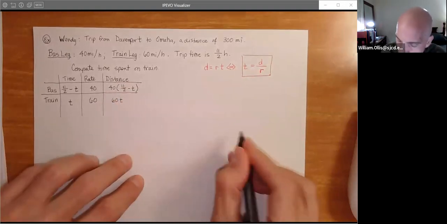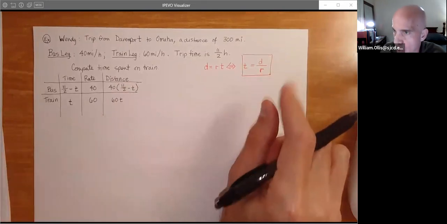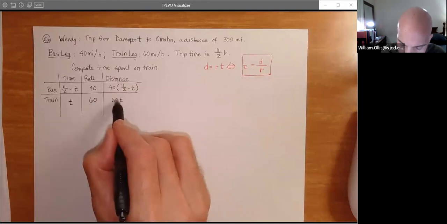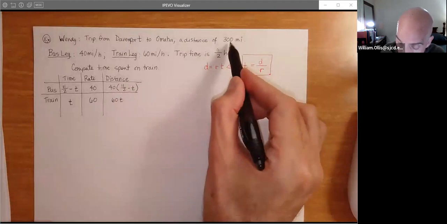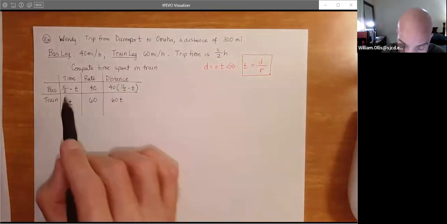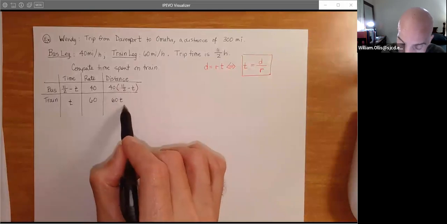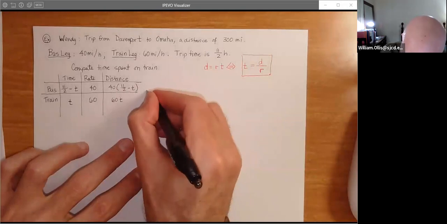So actually, I didn't even really need to solve for t here. I mean, that's good that you know how to do it, but based upon the logic here, this is going to be very simple because now, if you notice, we can now use the 300. That is, if we have the leg for the bus and the train, the two distances must equal in sum 300. So that makes it even easier.